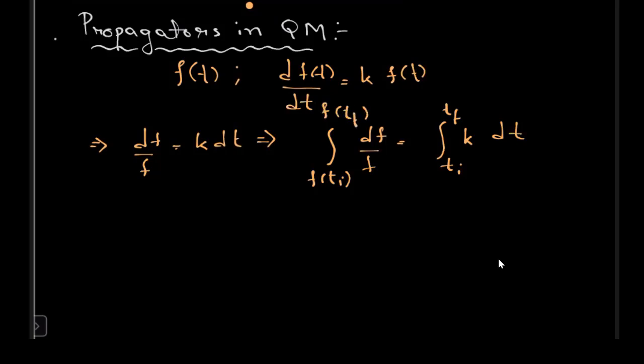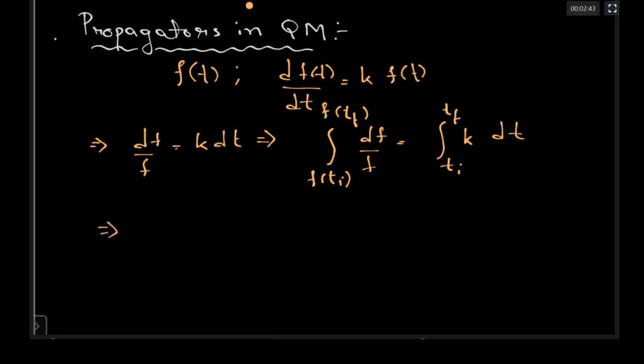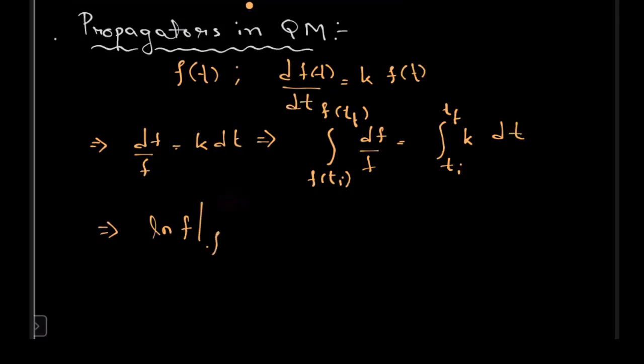So this is the integration limit for f, and then it's very simple. You get ln f, with limits f(t_i) to f(t_f), equals k (t_f minus t_i).